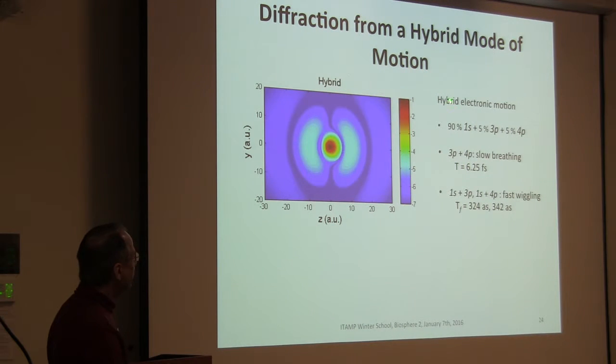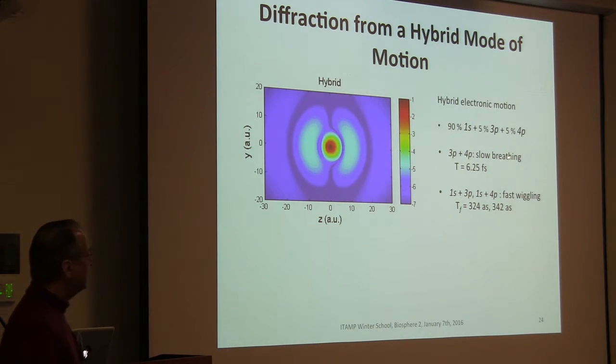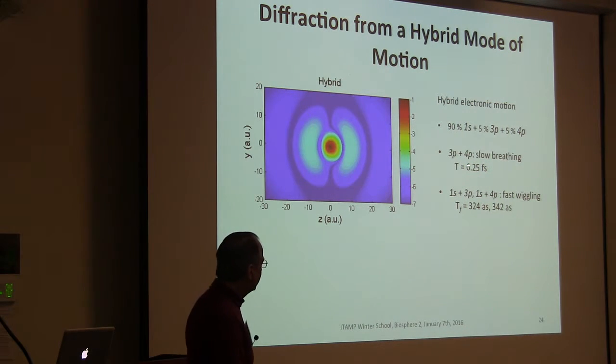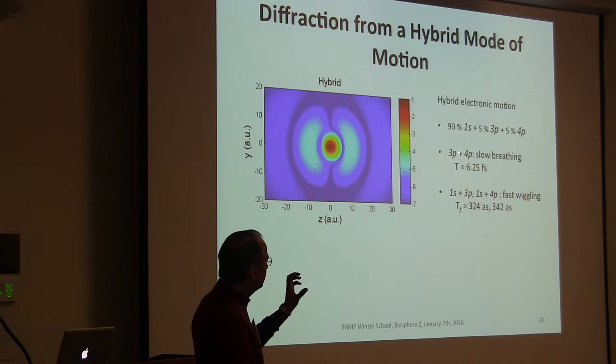So we call this a hybrid motion because, here I put the periods. If you look at the beat of the 3p and 4p, you get 6.25 femtoseconds. So that's a relatively slow breathing motion.